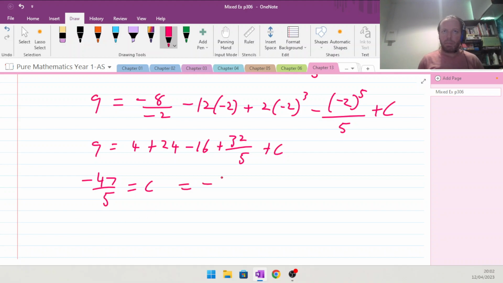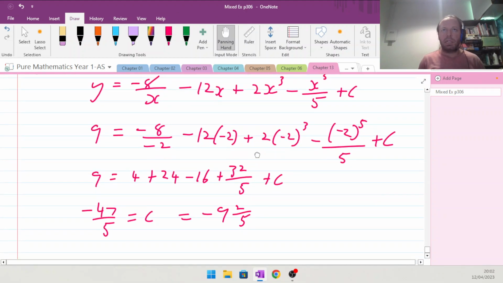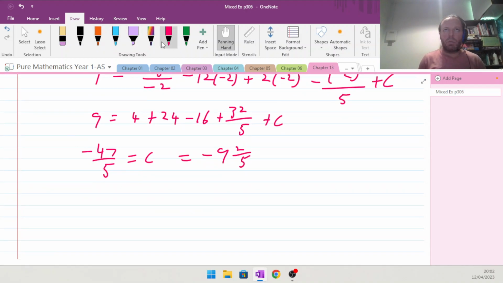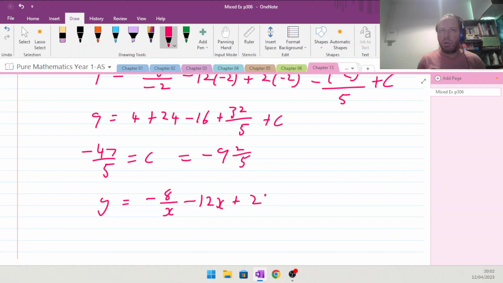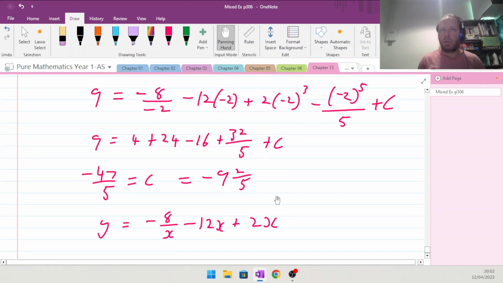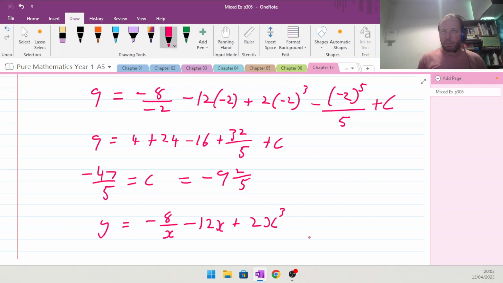So we have the final answer then: y equals minus 8 over x minus 12x plus 2x cubed minus x to the 5 over 5 minus 47 over 5. Okay, and that's the finish of question 21.